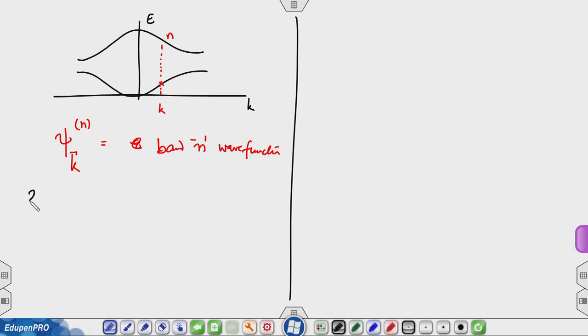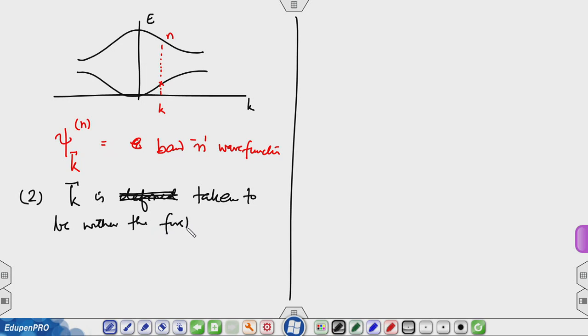Point number 2, k is defined, or taken, not defined, taken to be within the first Bloch zone. Why?